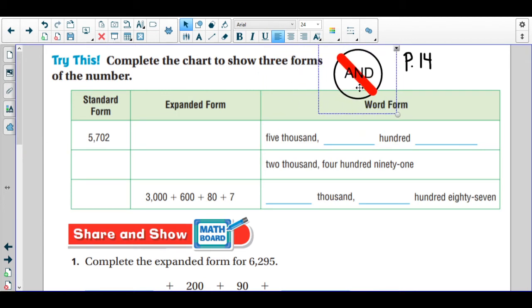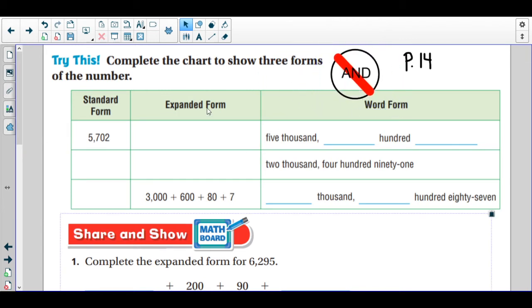Okay, so some people might read this number and say 5,200, or I'm sorry, 5,702. No, we got to get rid of just using the word and. So this number, 5,702. And right now we have this expanded form.